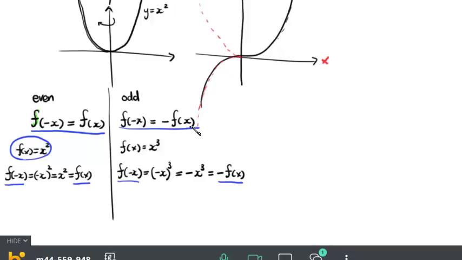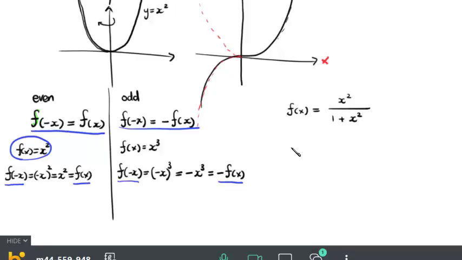I want you guys to maybe try this example. I'm going to give you the function f of x equals x squared over 1 plus x squared. I want you to figure out if it's an even function, odd function, or neither. The first step is to start with f of negative x.